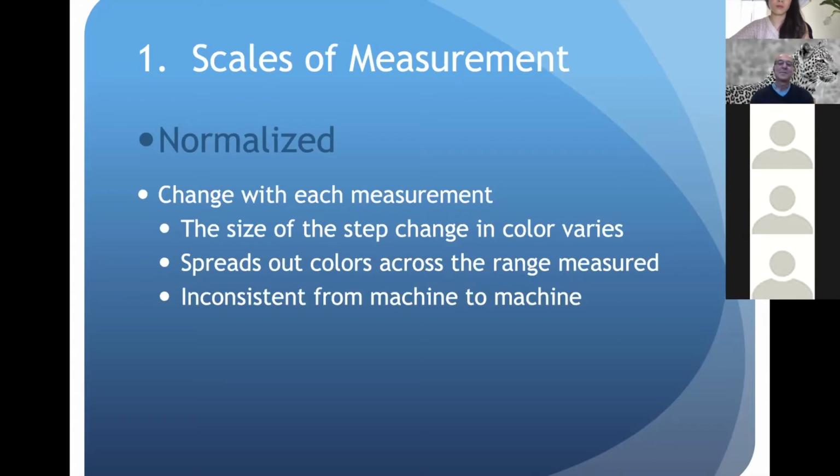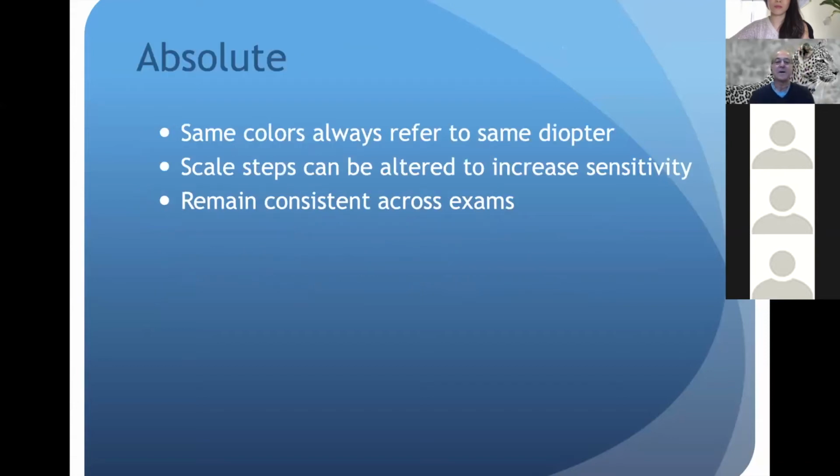When someone comes in, they come in with a whole binder full of maps from 4 different locations and from 5 different machines to try and compare. Is this patient progressing with their keratoconus? Have they stabilized? How bad is their cornea really? So the best way is to instead rely on an absolute scale. The same colors always refer to the same diopter.